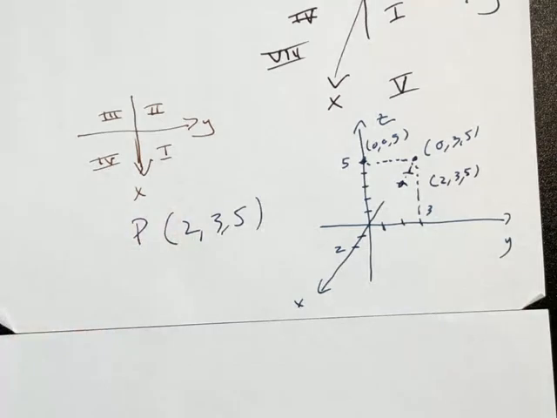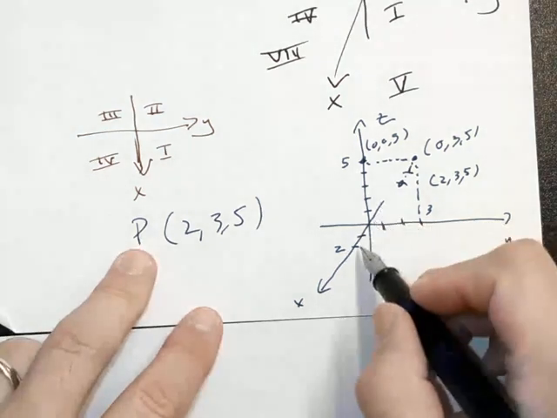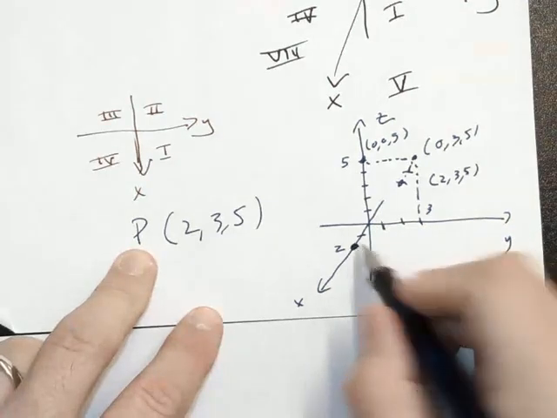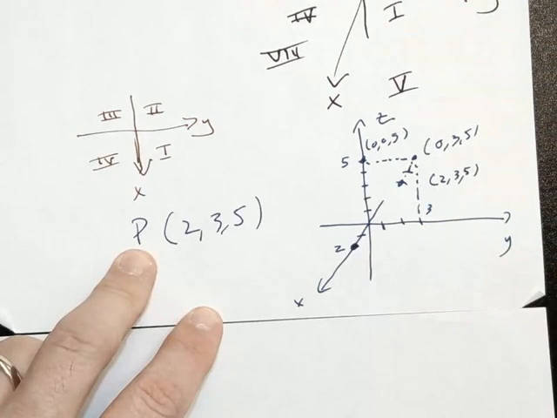Now I didn't have to do it z, y, x. I could do it in any order. But I liked that one because I was able to draw the hardest part last. The part that goes parallel to the twisted axis. But notice, if I had gone x first and then y, I'd go from here, I'd go over 3 units, right?